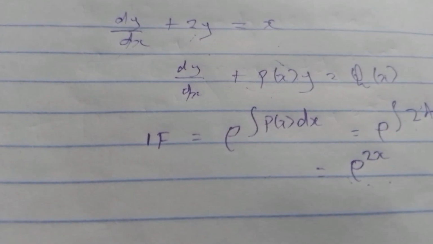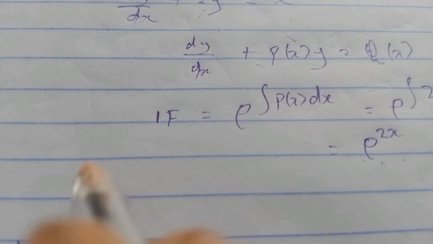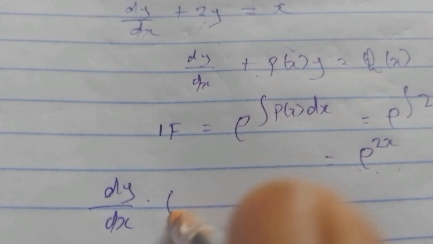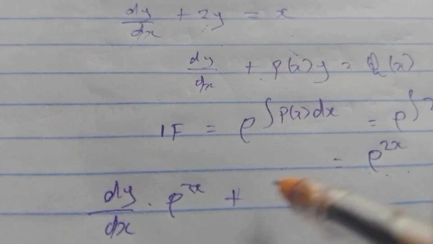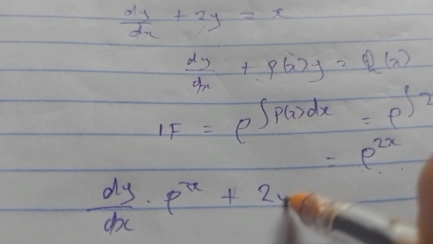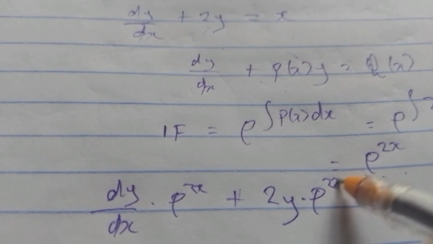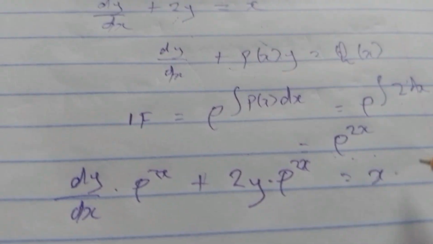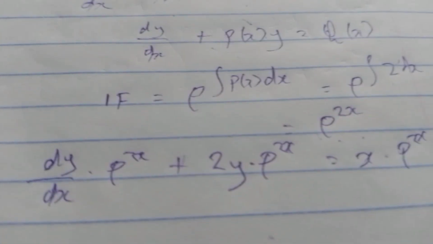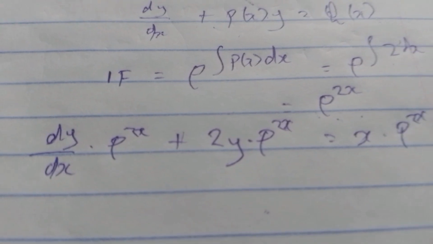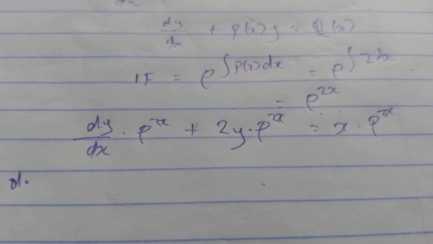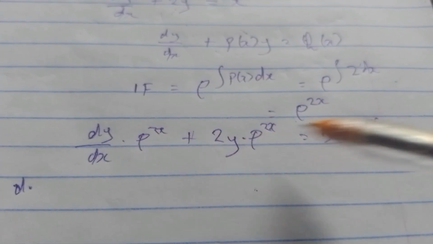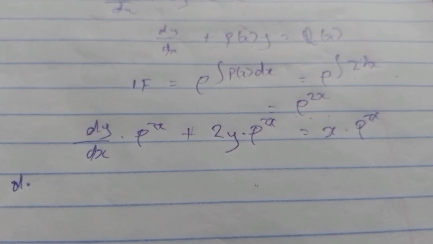So we're going to have dy/dx times exponential 2x plus 2y times exponential 2x is equal to x multiplied by exponential 2x, right? So this is the first step. After that you must multiply each term by the integrating factor.